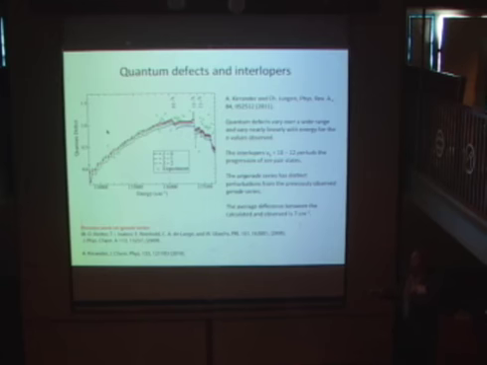So I want to look at the threshold. I want to look at one of the regions where these interlopers show up, and then I also want to show a nice region in here where all is pretty well, just to give you a feel for the range of what this data is exhibiting.